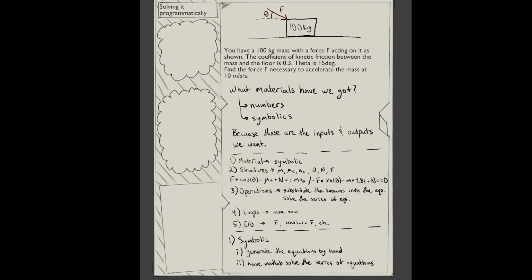I would create the symbolics here, syms, M, theta, N, F, all the variables here. And then I would say equation 1 equals F times cosine of theta minus mu K times N equals MAX. And that would give Matlab the equation right here.